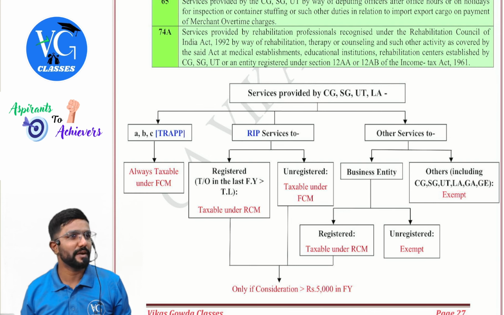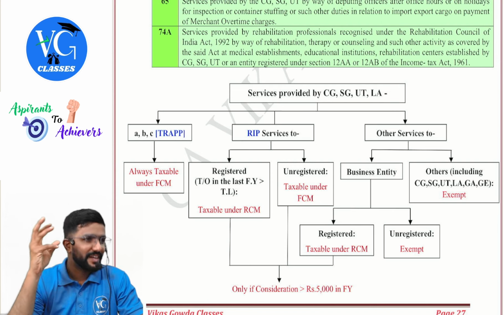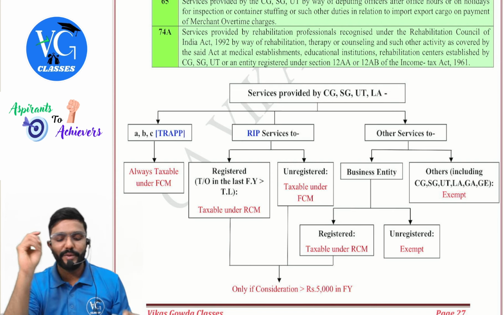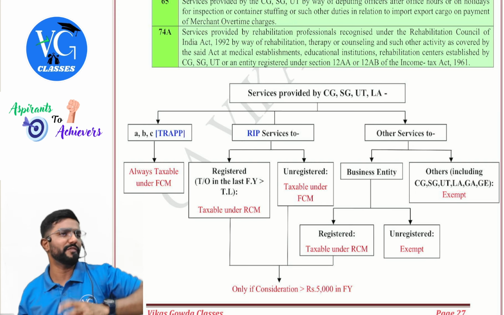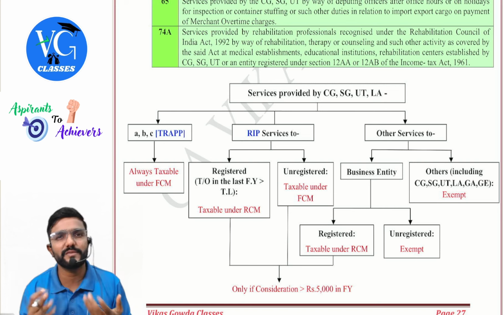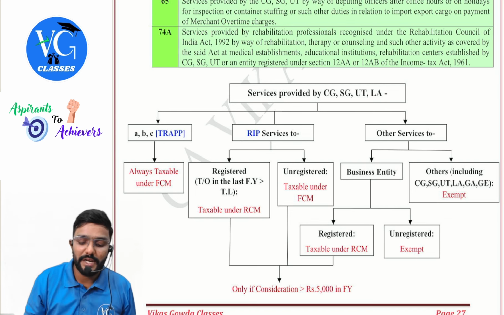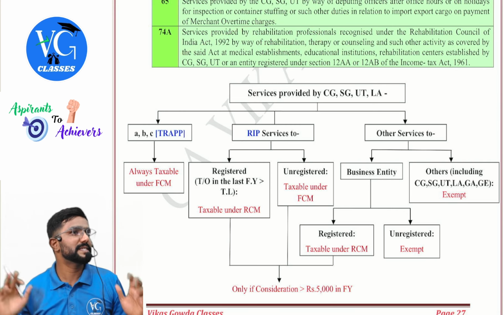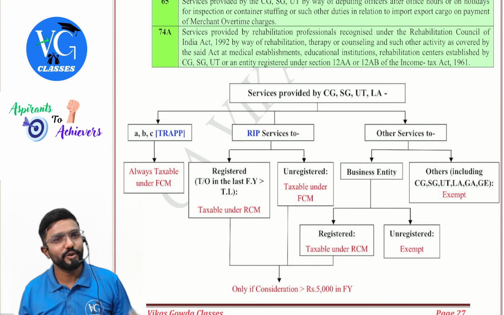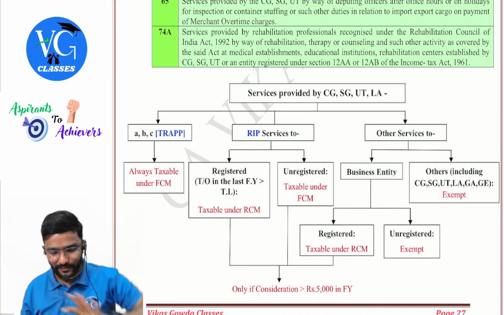Sanju, Ranbir Kapoor. Okay, Sanjay Dutt's story, autobiography. See, sir, if I am suffering from anything, now I have been admitted in a rehabilitation center to come out of it. I am addicted to some nonsense thing which I am not supposed to. In that case, whatever services that rehabilitation center is providing me to come out of it is exempt under GST. Don't go and watch today. You have time. If at all you want, please watch after your exams.